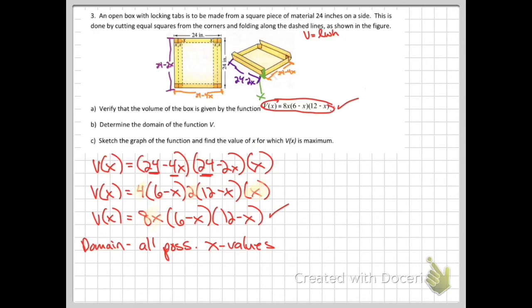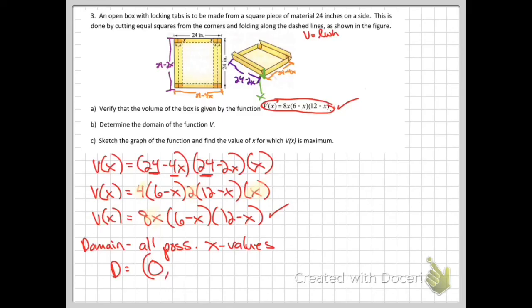So if x was actually 0, would this be a box? Could you put anything in a box if it doesn't have a height whatsoever? You can't. So the domain needs to be a little bit bigger than 0. So 0 with the parenthesis. So 0.1 would technically be a box. 0 wouldn't, but anything bigger. So we use a parenthesis to say it's not including 0.